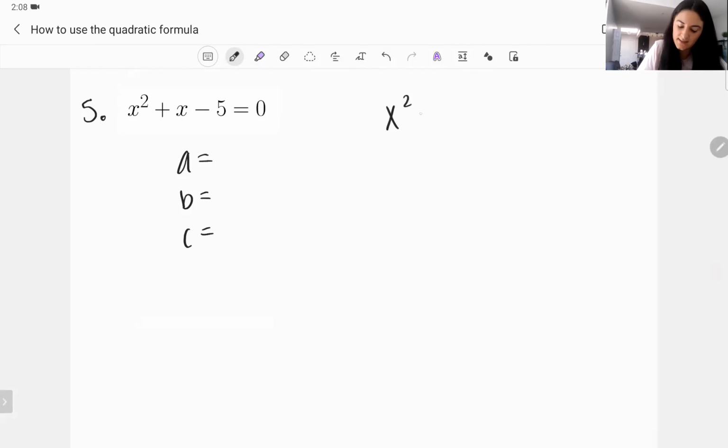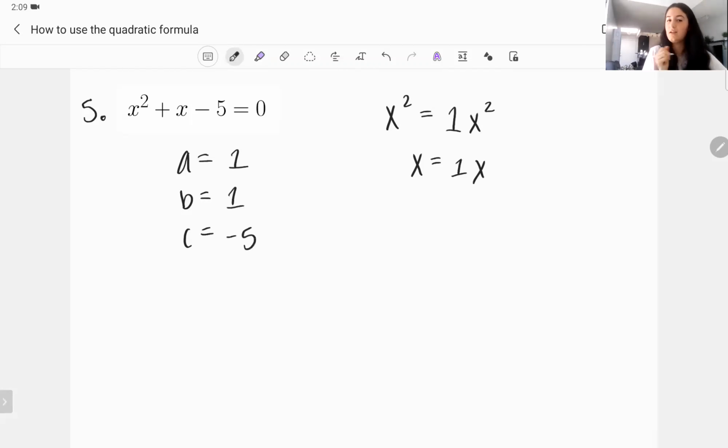So x squared is the same thing as 1x squared, and x is the same thing as 1x, right? Because 1 times any number is just that number. 1 times 5 is just 5. So if it's ever missing a coefficient in the front, that really just means the coefficient is 1. So in this example, A would be 1, B would be 1, and C would be -5. And then you could use those numbers and put them in the formula.